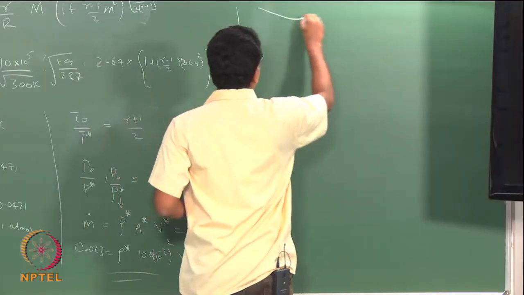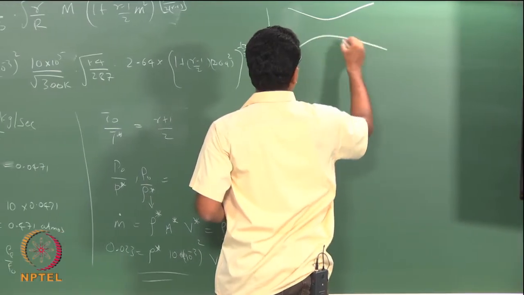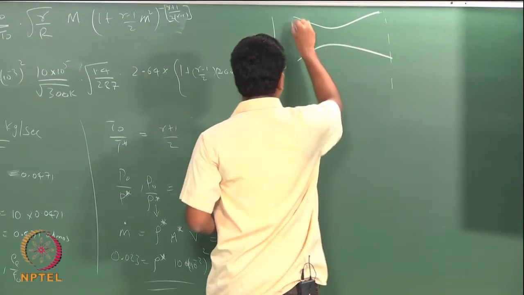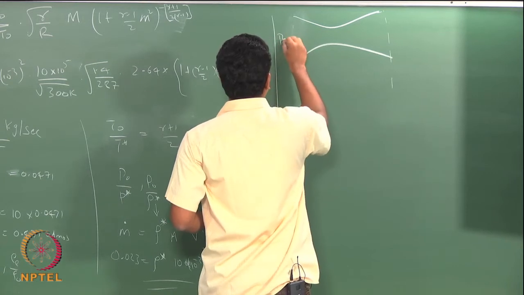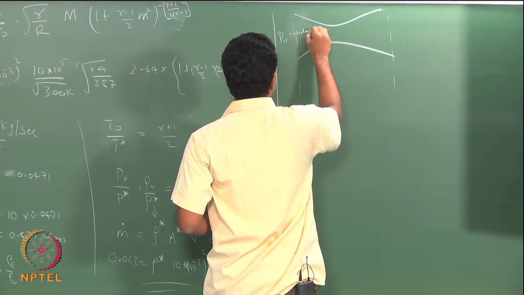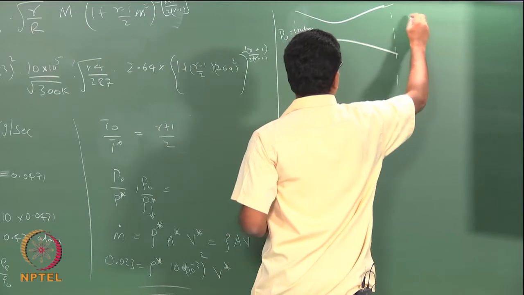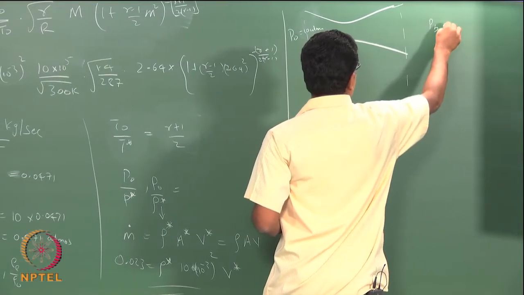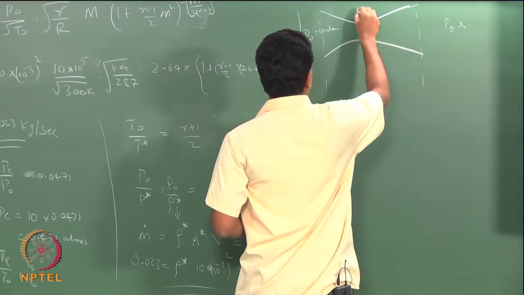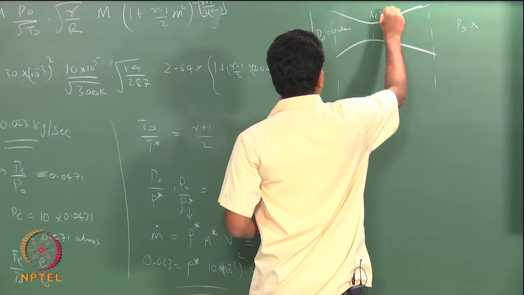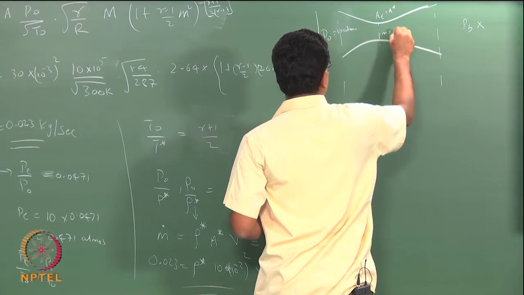So, I have my nozzle here, P0 is 10 atmospheres. I do not know my PB, but I know my A throat is now my A star and Mach number here is 1.